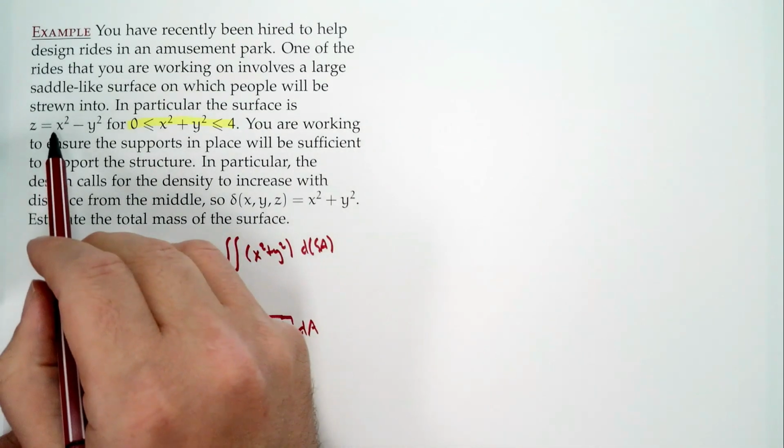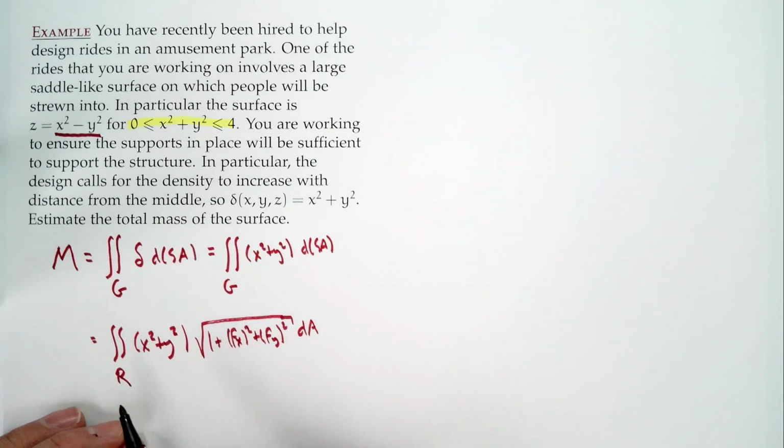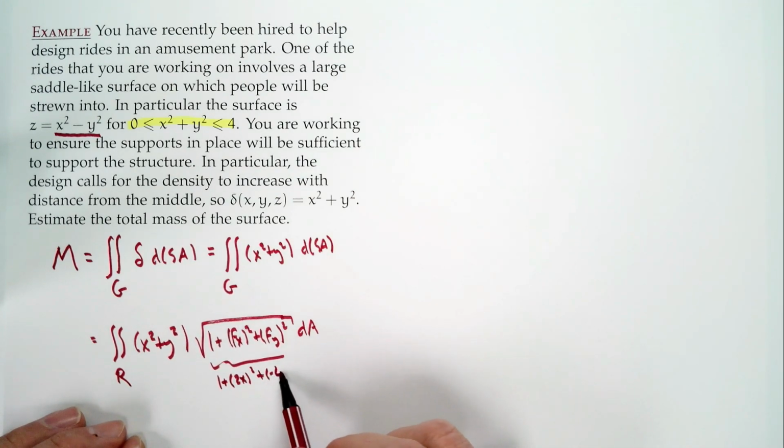Well, that's this part over here, x squared minus y squared. So this is going to become 1 plus 2x squared plus minus 2y squared. Okay, so that's 1 plus 4x squared plus 4y squared.